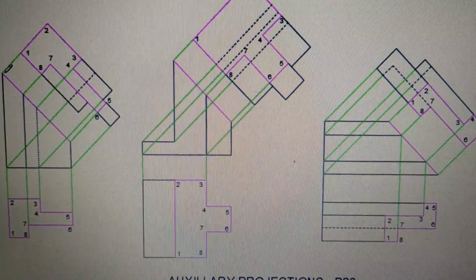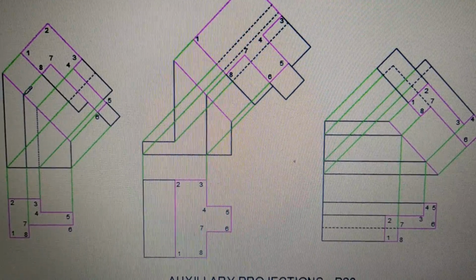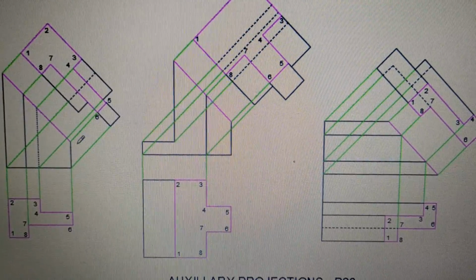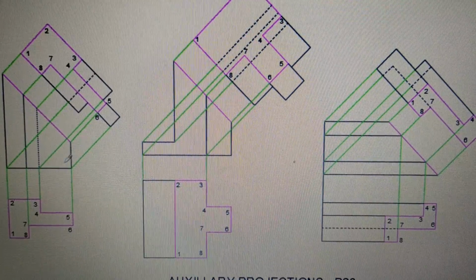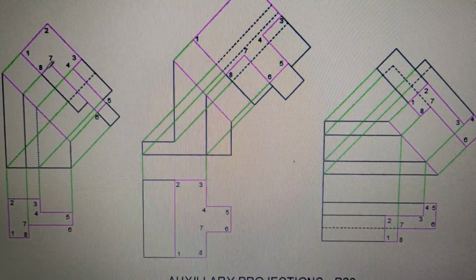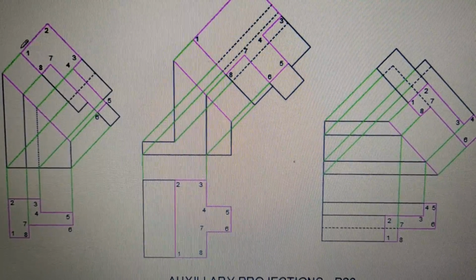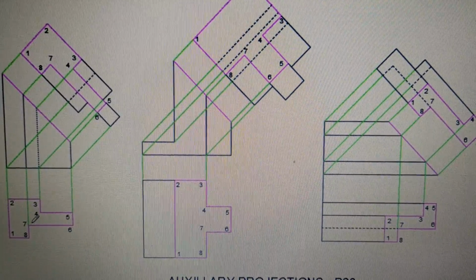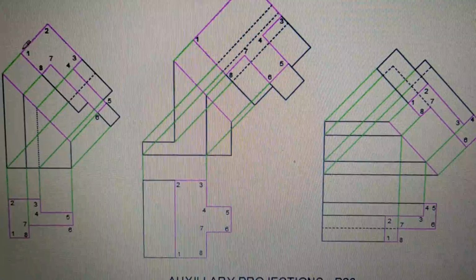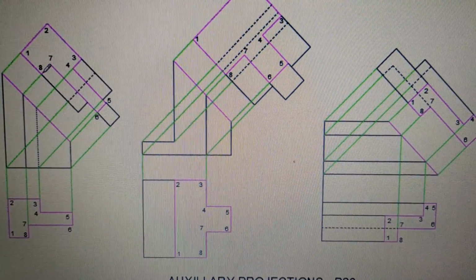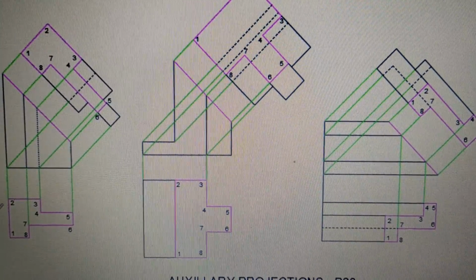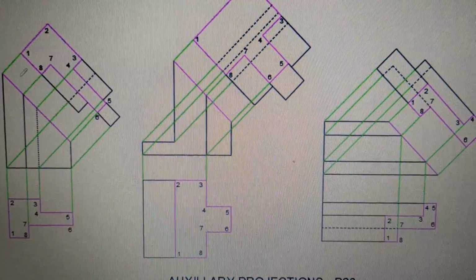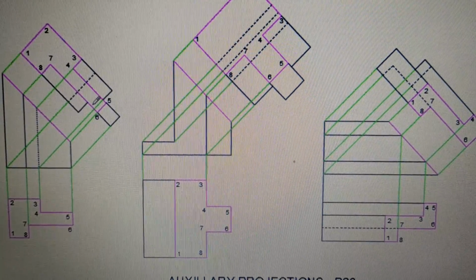Maybe you can show the numbers here: 1, 2, 8, 7, 4, 3, 5, 6. So the same numbers we are repeating here, and then we are taking them there. While taking there, the distance along this perpendicular is going to remain the same distance, and the distance along the inclined line is going to change. So 1, 8 here is more, 1, 8 here is less, because there is a shape change, there is a length change.